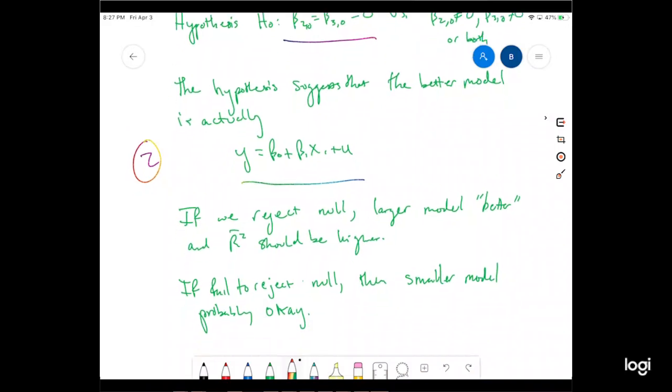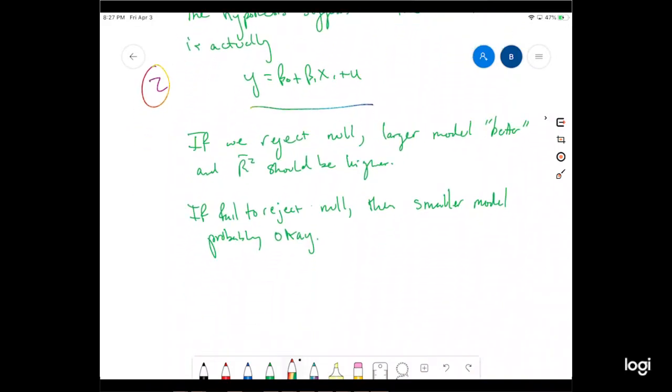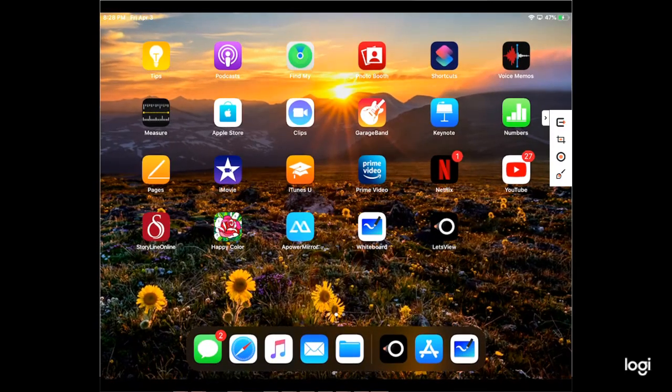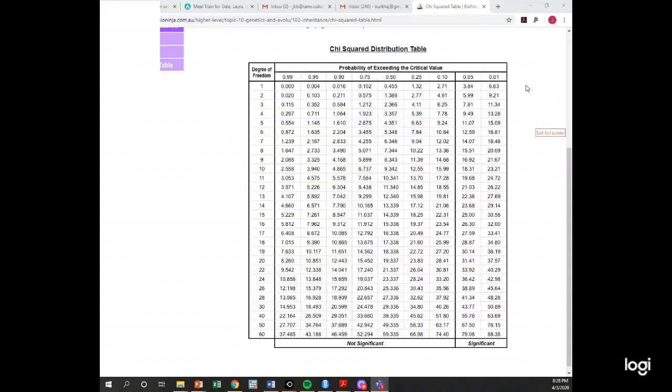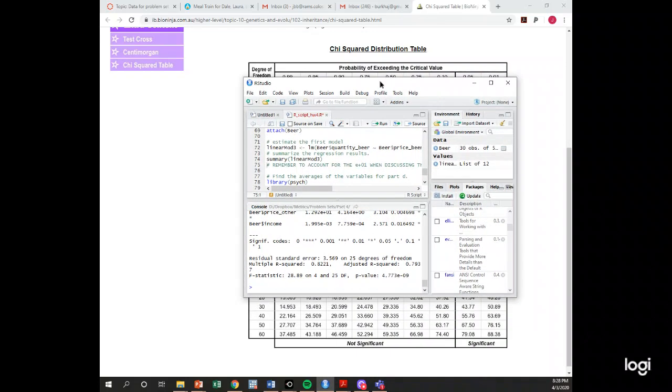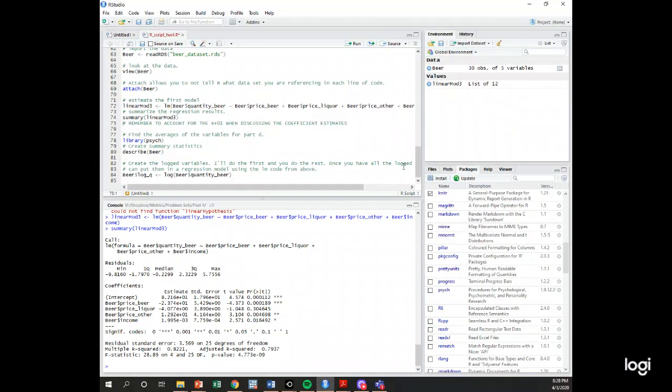Okay, so the other thing that you get when you estimate a regression in R is an F-stat that is the significance of all the variables in the model together. So let's see what we get when we look at R. I have the data up from problem set 4, the beer data set.